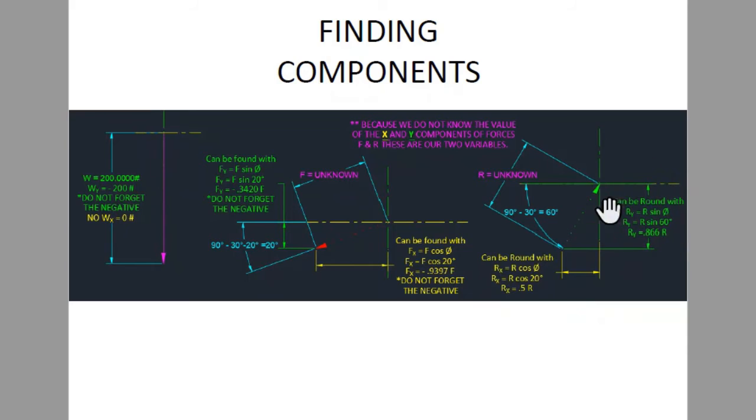Now let's look at finding the y component for force R. Let's move on to look at the resultant's y component. To begin, let's start with using the function Ry is equal to R times the sine of theta, or R times the sine of 60 degrees. We find that Ry is equal to 0.866 R.